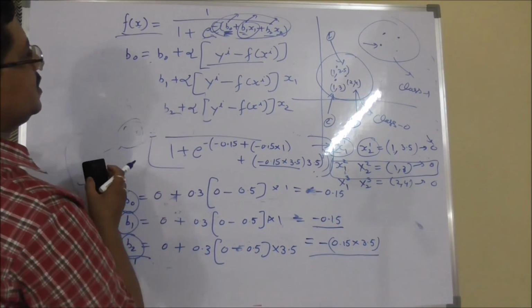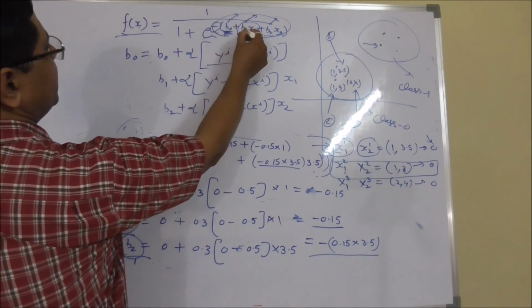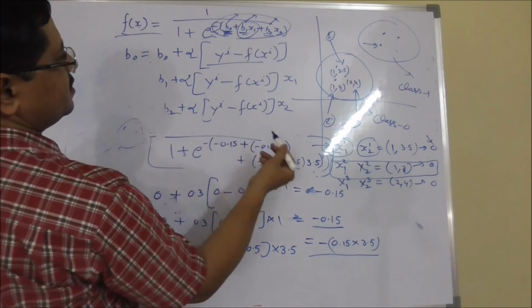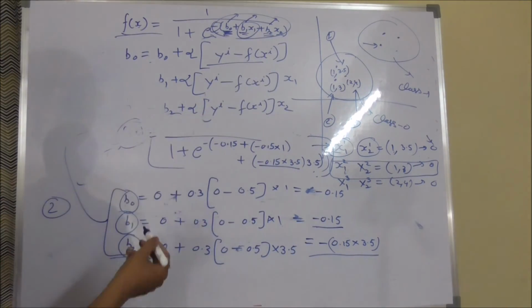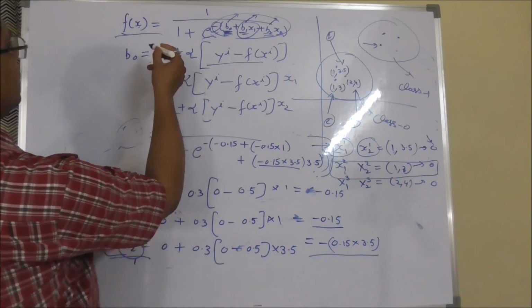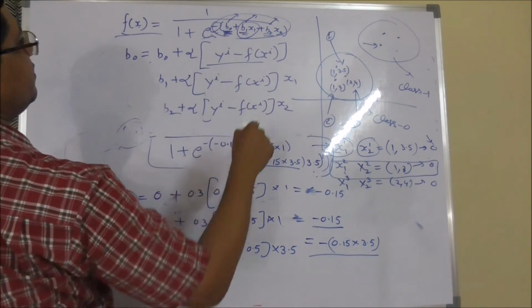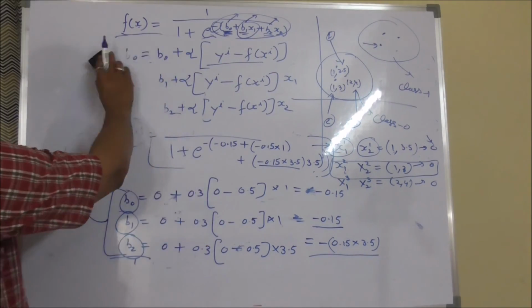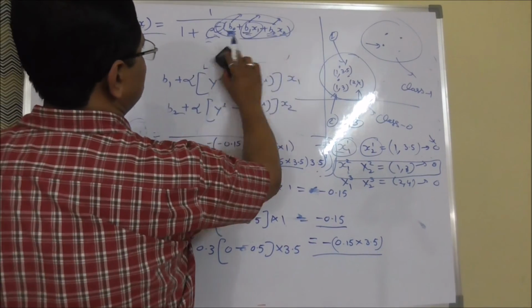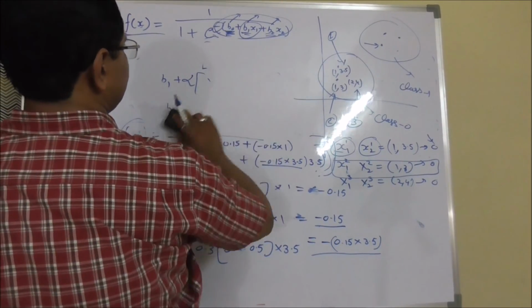So this is the process of how to define the weights, how to learn the weight vectors with the help of data, and how to get the equations to learn the weight vectors. So this is the basics of logistic regression.